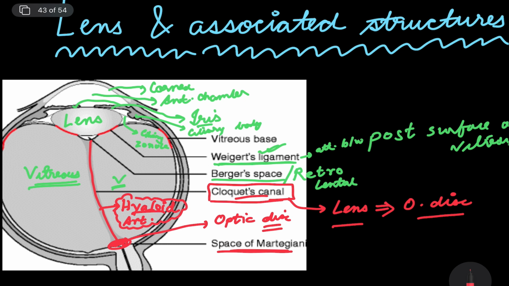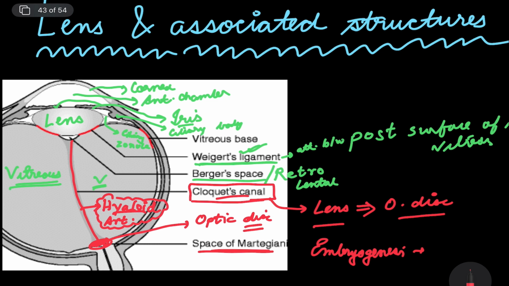So during embryogenesis, when the embryo is being formed, the hyaloid artery and the Cloquet's canal are present. But by 8 months of gestation, they disappear. Understood? So the lens is an avascular structure, except in its embryonic state.